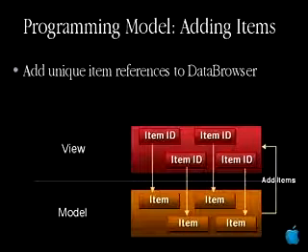There's a routine called add items, where you add the references, unique item IDs, into the data browser, such that there's a one-to-one mapping between those item IDs and the data they represent. Data browser uses callbacks to query information about those items as it needs it. So if an item isn't on screen, it's not going to ask for its text string because it doesn't need it. So you can take advantage of that in your caching scheme.